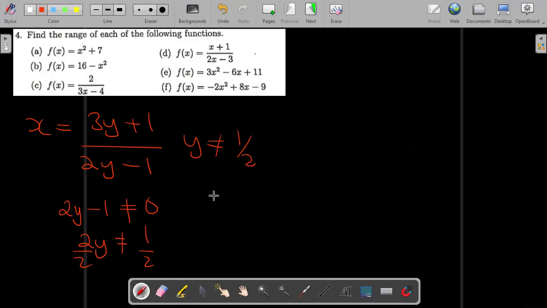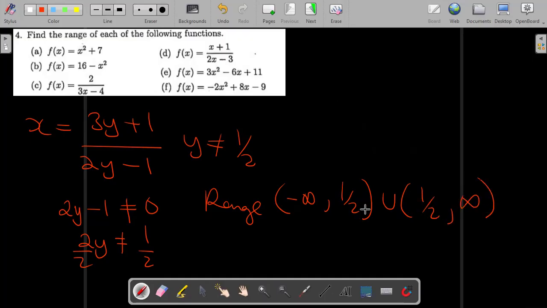Meaning the range is all values of y defined there. So it moves from negative infinity all the way up to a half, and half will not be part of that. So union again, then half, then it will go to positive infinity.